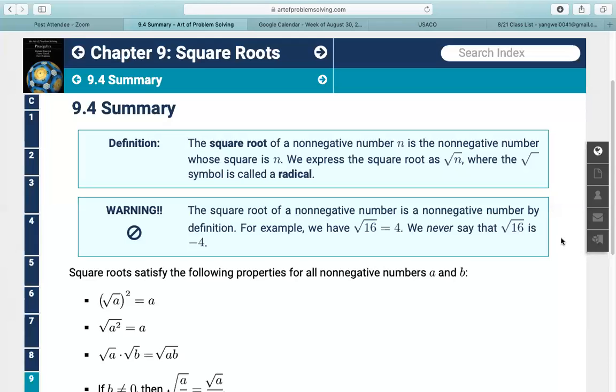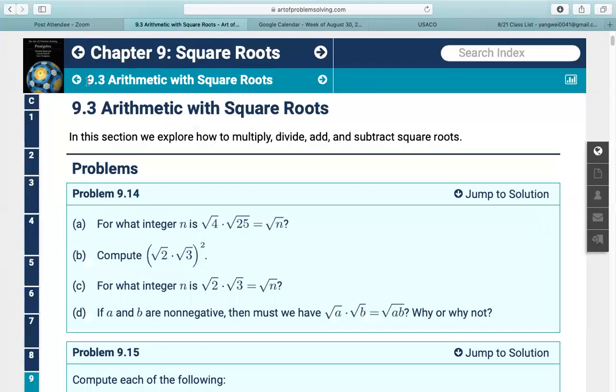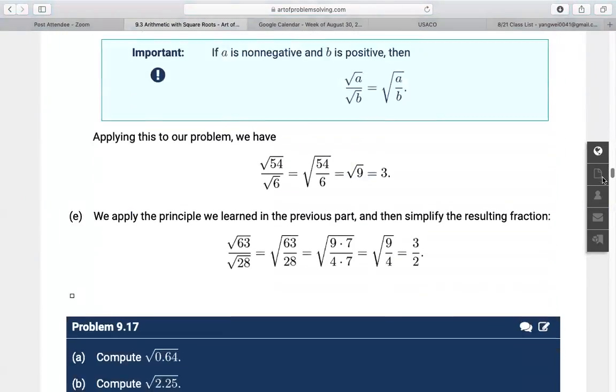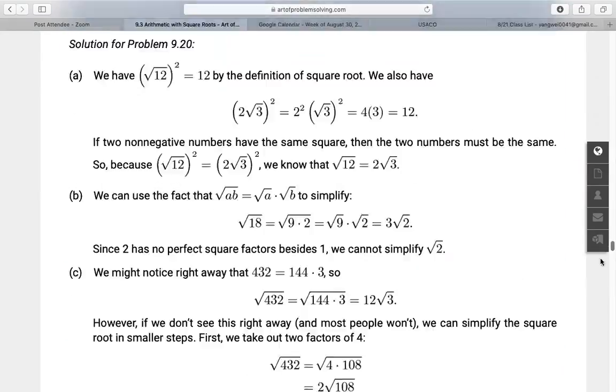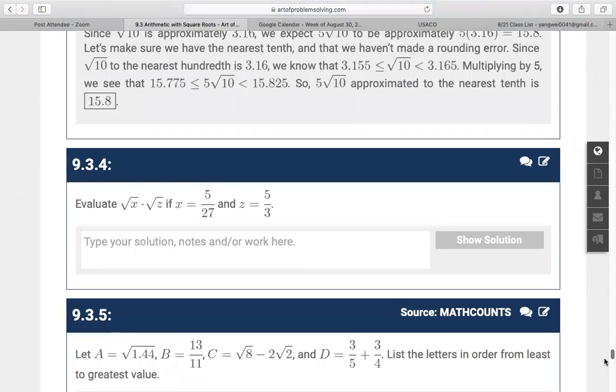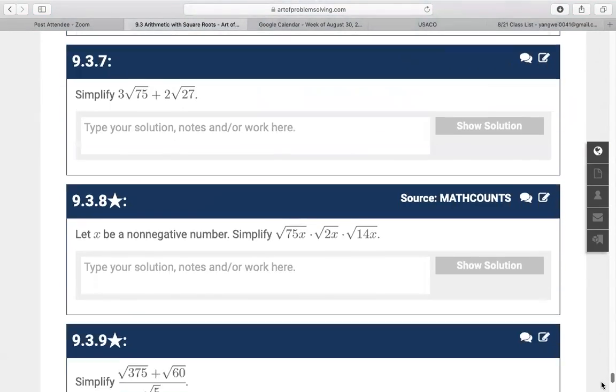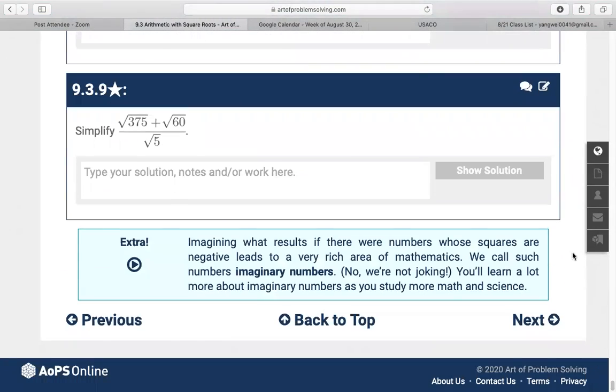Yeah, last time we finished the chapter 3, and we did some exercise problems here. Then today, let's go to chapter 4. Chapter 4 is just a summary of this chapter.